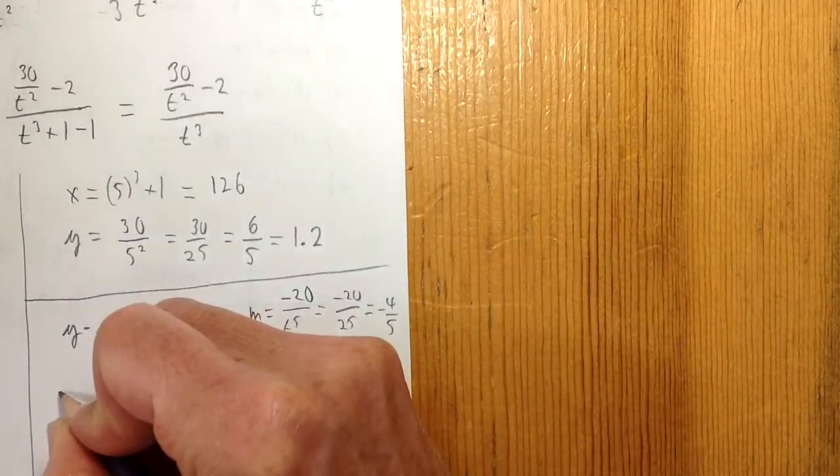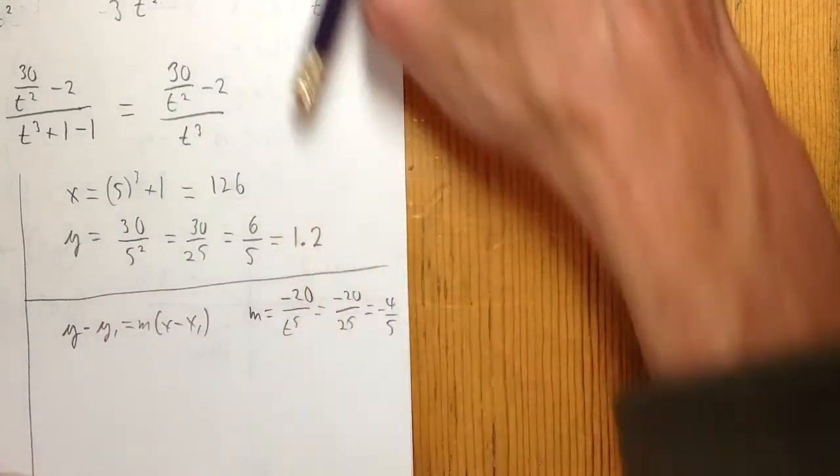Okay, so let's choose a point. The point 1, 2 is certainly a lot friendlier.